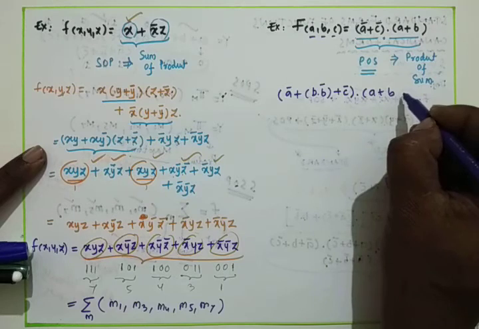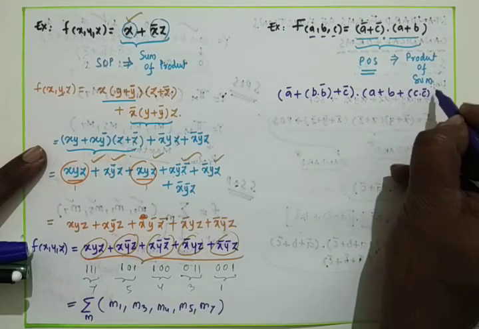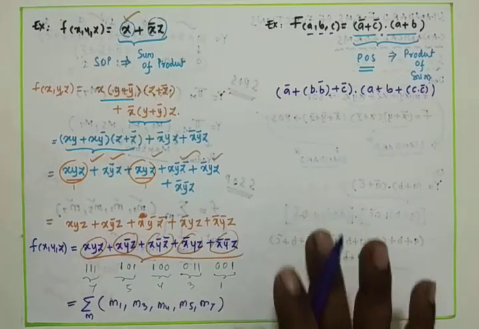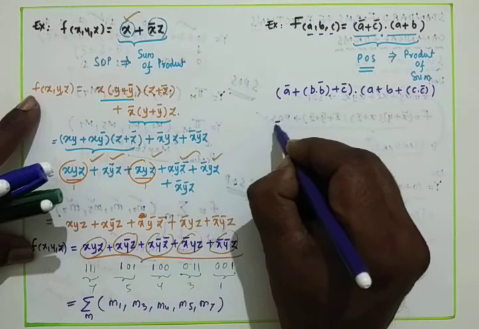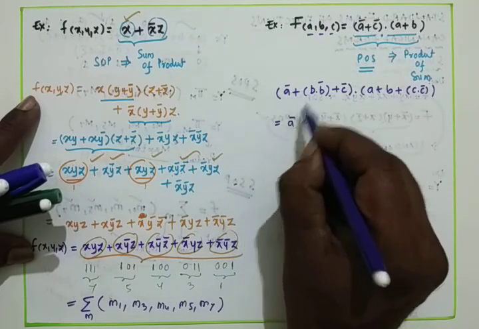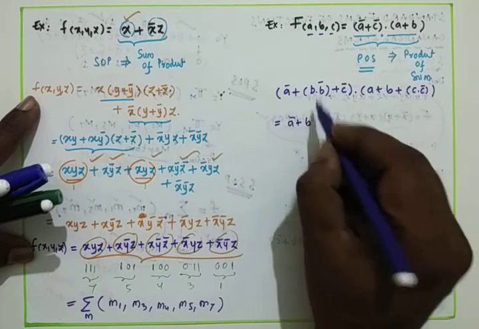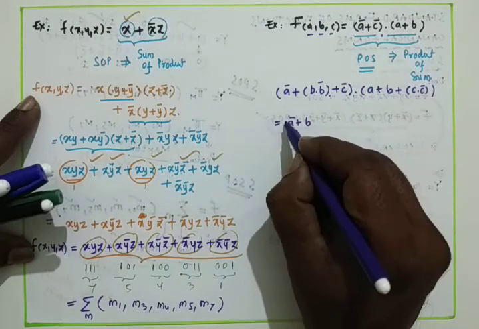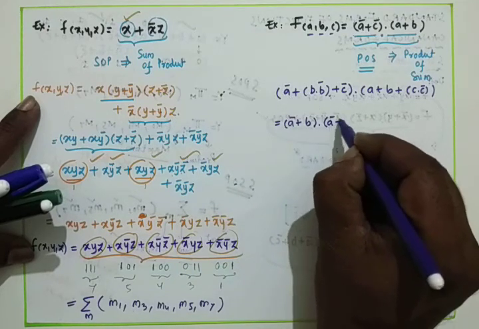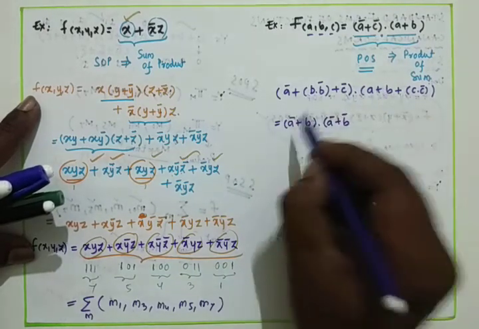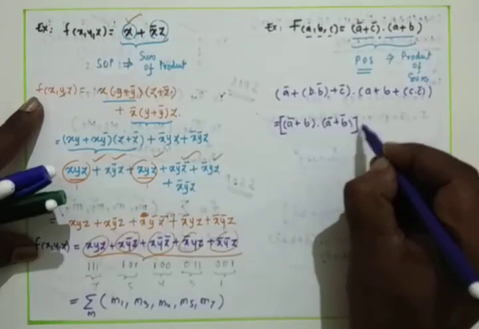In this, what is missing? C is missing. So I can write C·C̄, which is 0. Then we can multiply with this one. See this one: Ā + B, Ā + B, Ā + B. First one into Ā + B̄, second line, and with this again we have the plus of C̄.